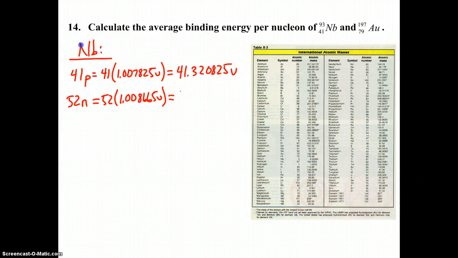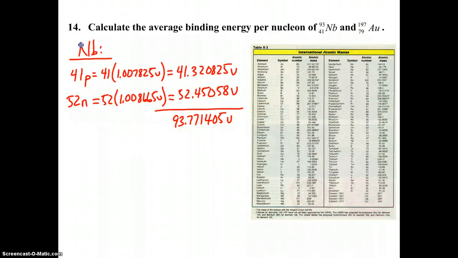And that gives us a total of 52.45058 atomic mass units. We now add that total amount of protons and neutrons together to get the total mass of the nucleons itself, and that's 93.771405 atomic mass units.